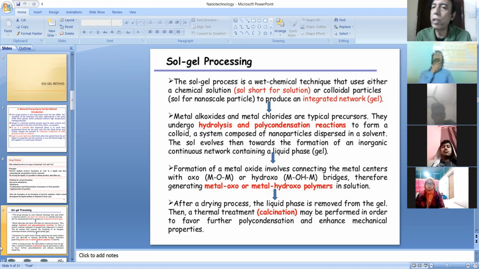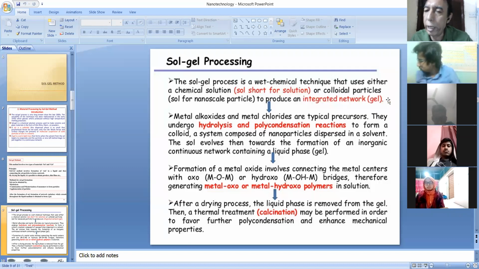After the formation of that nanoscale particle, it becomes condensed, that means attached with one another to form a structure. Then it becomes a gel, that is called an integrated network.